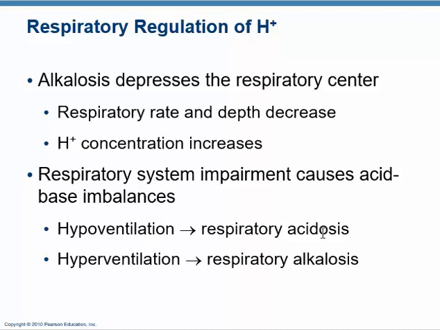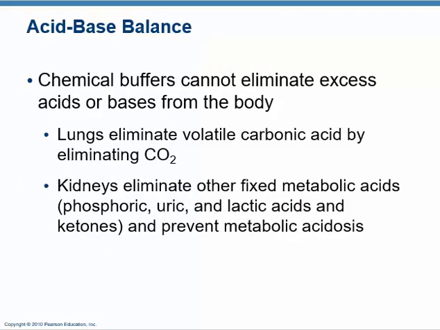Your body becomes too acidic because of the lack of ventilation. Respiratory, and it's acidosis. So the pH is down because respiration is down. Hyperventilation, because you're excited or angry or in pain, you start to hyperventilate, you end up in respiratory alkalosis. Your pH is too high because of your breathing patterns. So the lungs eliminate this carbonic acid by eliminating carbon dioxide.